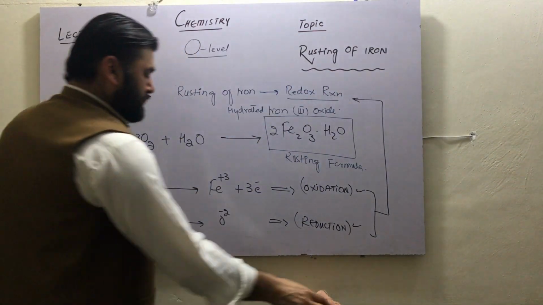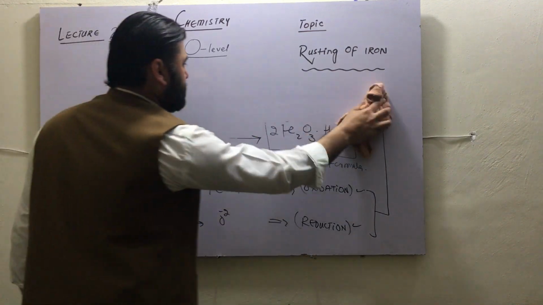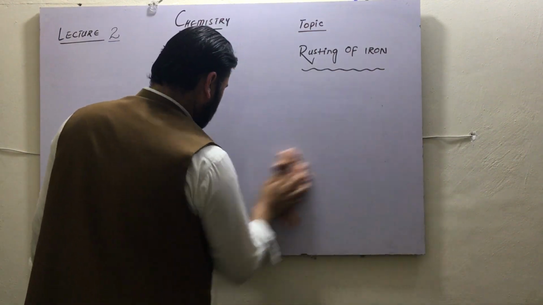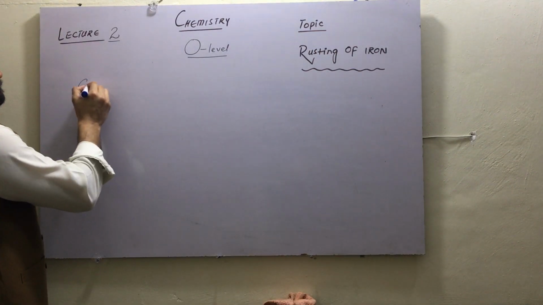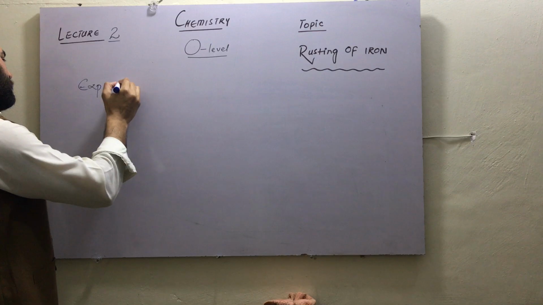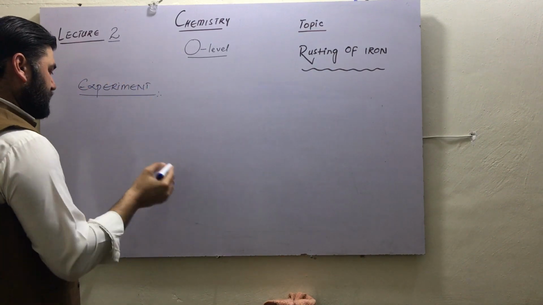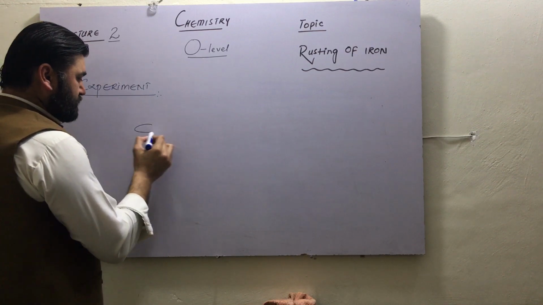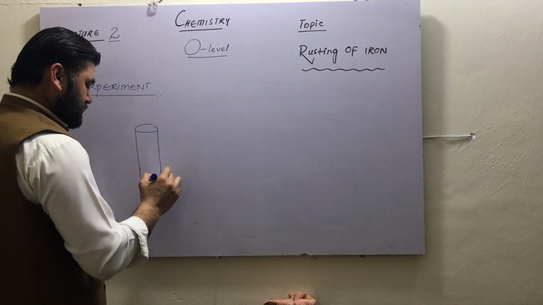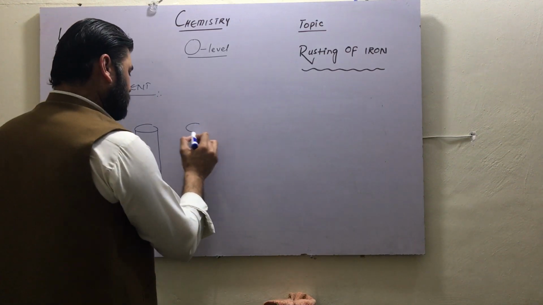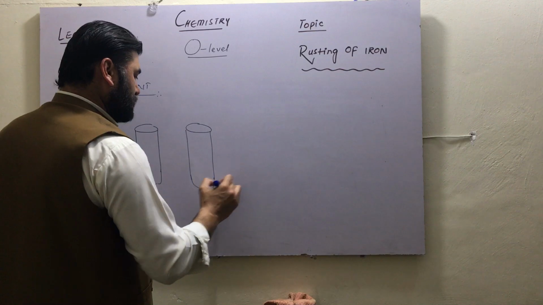So let me explain it with the help of a small experiment. The experiment is very easy. I hope you will get a better idea from this experiment. Let me introduce 4 test tubes.